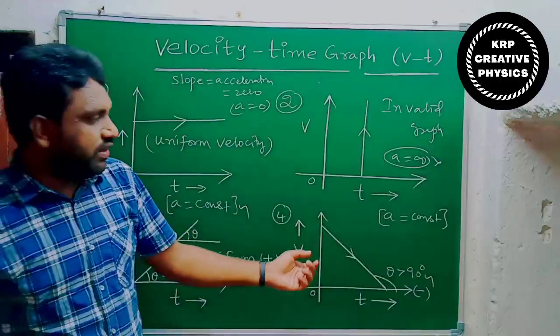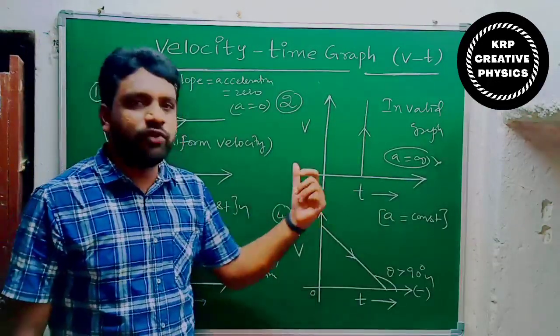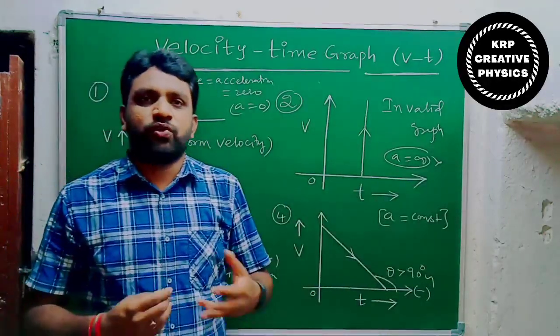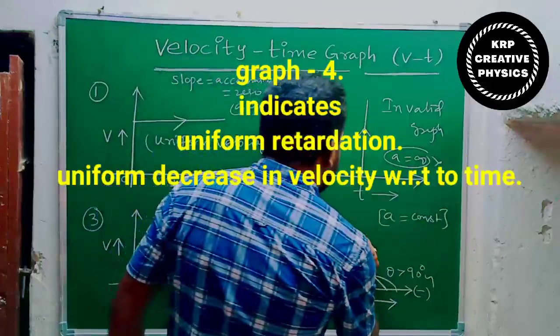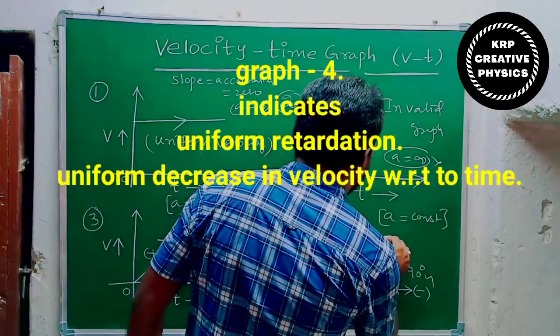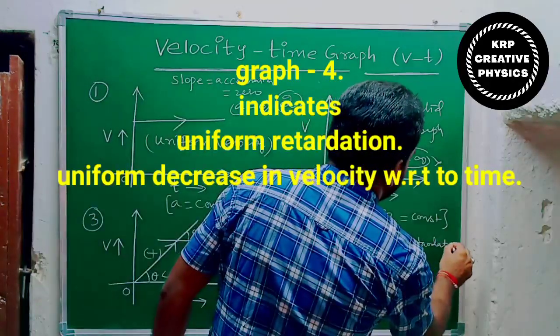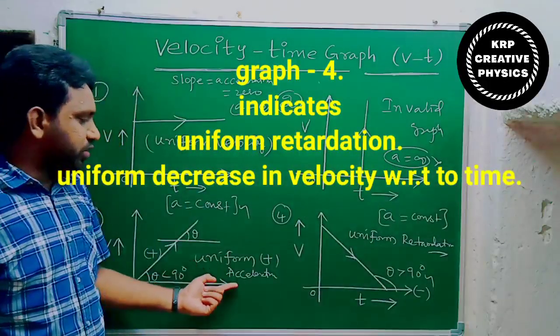So it is uniform acceleration, no doubt at all, and it is negative uniform acceleration. Negative acceleration means retardation. So I can simply write uniform retardation. This particular graph represents uniform retardation, and the other graph represents uniform acceleration.